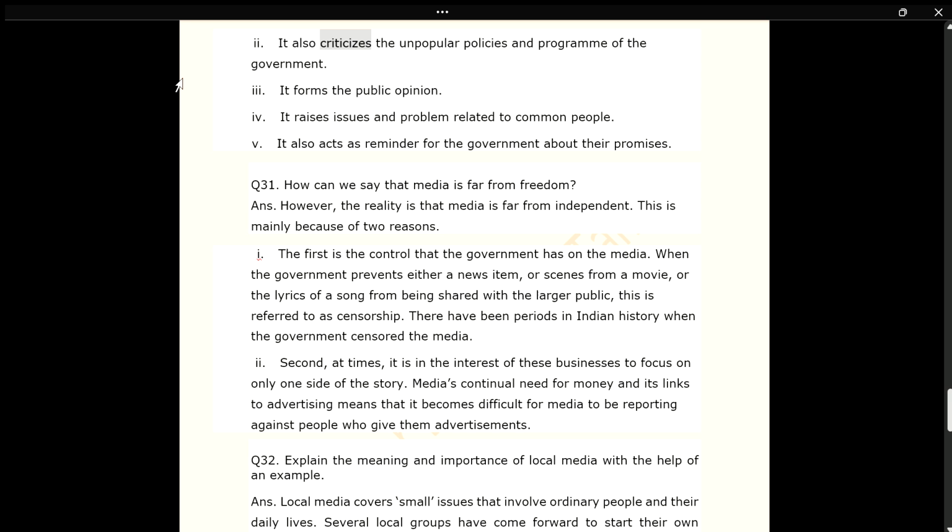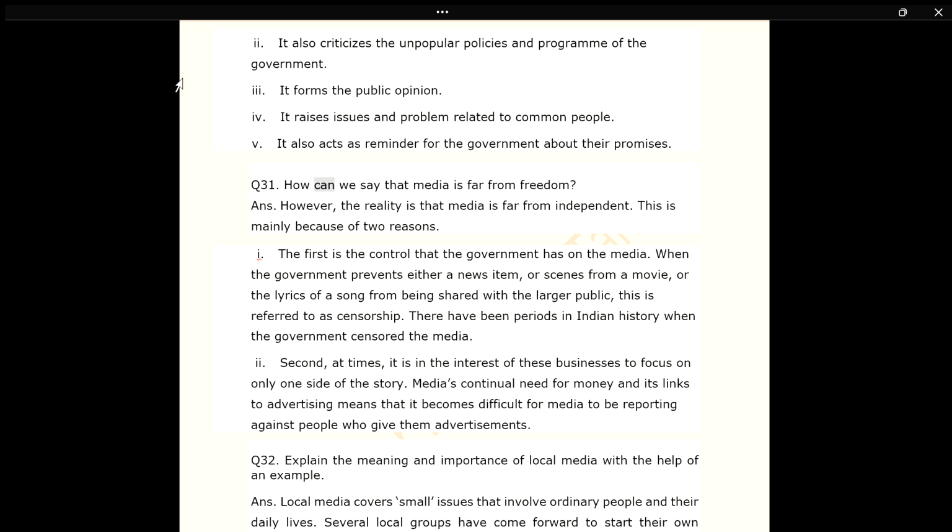It also criticizes the unpopular policies and programs of the government. 3. It forms public opinion. 4. It raises issues and problems related to common people. It also acts as a reminder for the government about their promises.